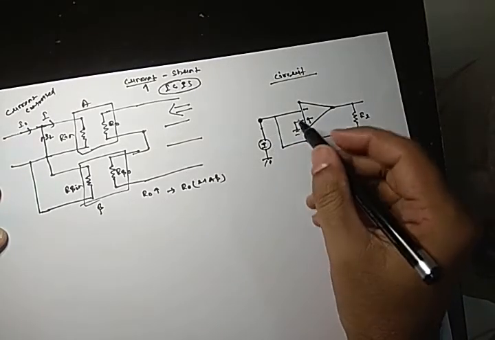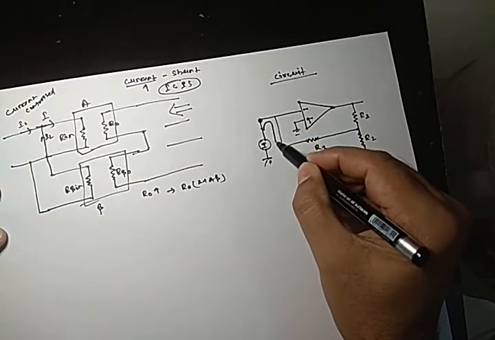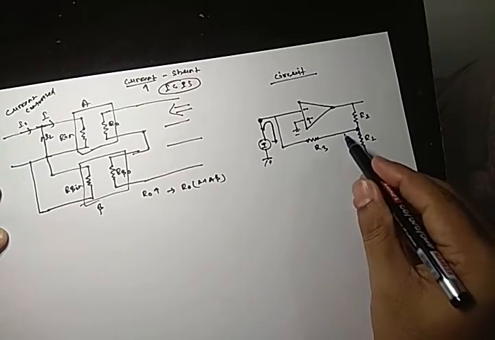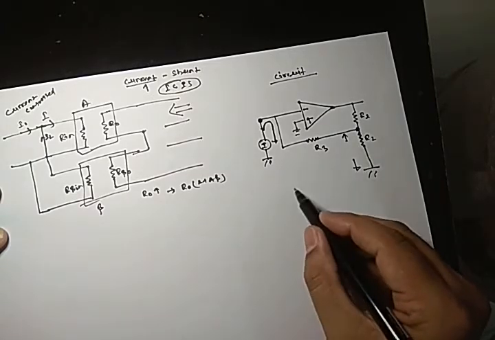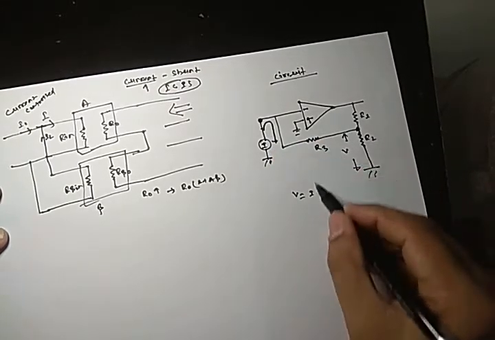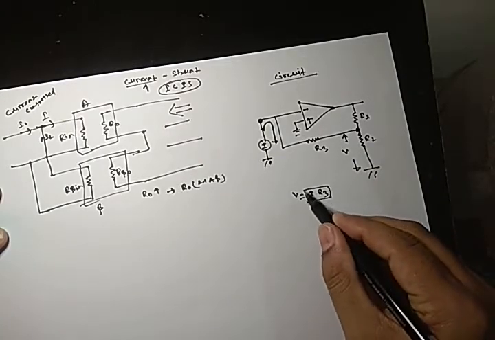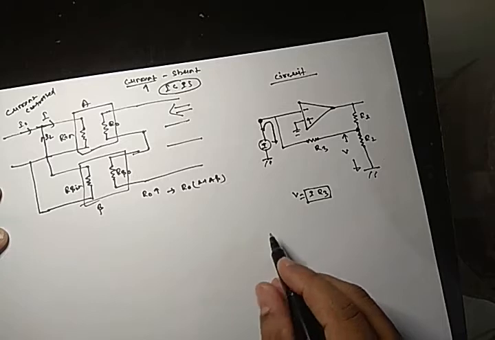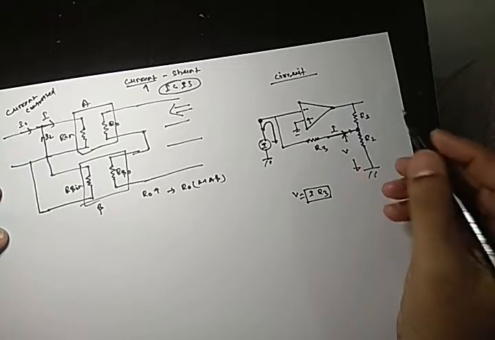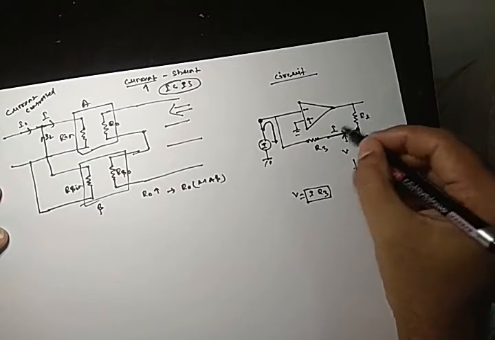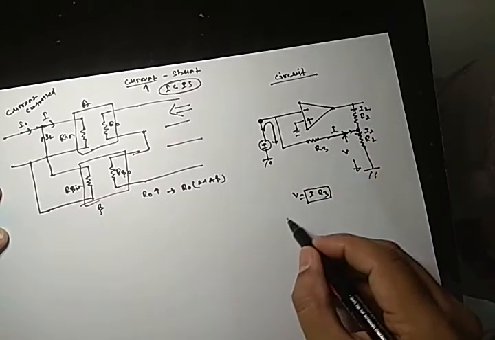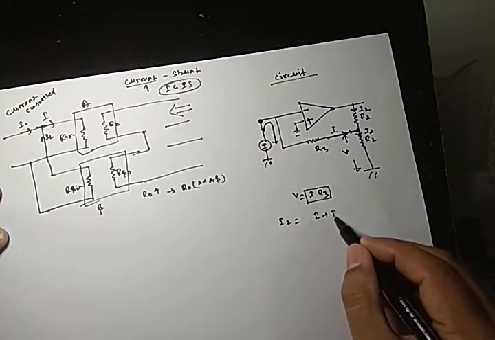Now if you want to solve this circuit, this current will enter this path, it is not going to enter this path, and the voltage across here will be nothing but I naught into R3. This voltage V will be I into R3. This is the voltage across this one. Now this is the current which is coming over here. This will be distributed. Suppose this is I1 and this is I2. We need to know I2 is equal to I plus I1.